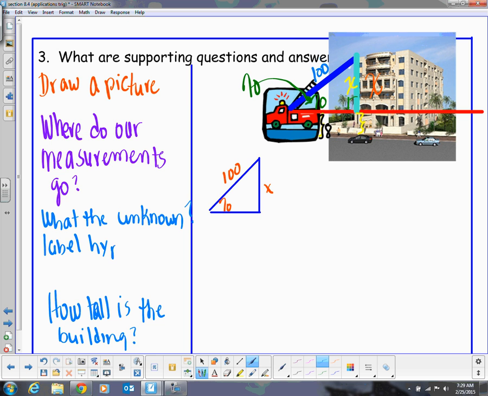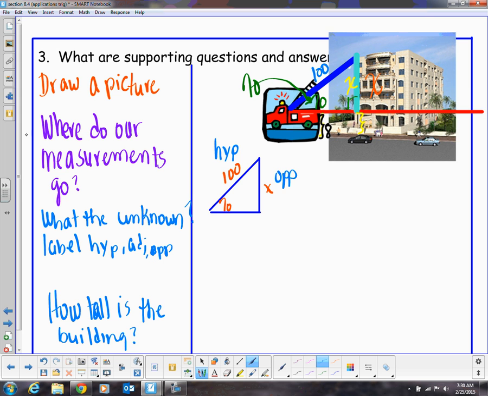It is on 100, all right? Adjacent is not even part of the triangle. Opposite is X. So we have hypotenuse, we have opposite.